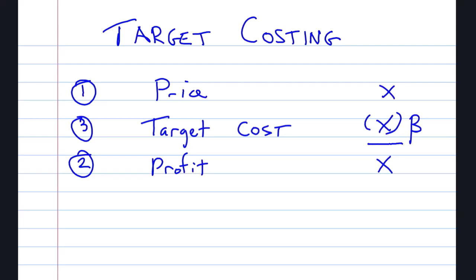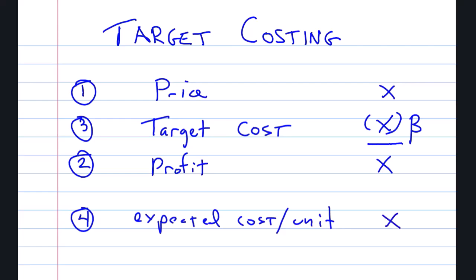There are two more steps that you should be aware of in the grand scheme of target costing. After we understand the product's target cost, we can then go back to the management accountant and we could get the expected cost per unit. And hopefully we're in the design stage, so we could estimate the product cost on paper.